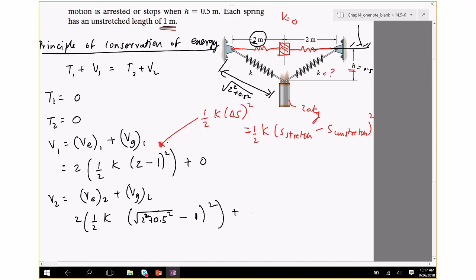Plus the potential due to gravity. So mass times gravity times the displacement from the datum, which is h, or 0.5. And then we need to put the sign. If an object goes below the datum, the potential is negative, so I need to put a negative sign here.